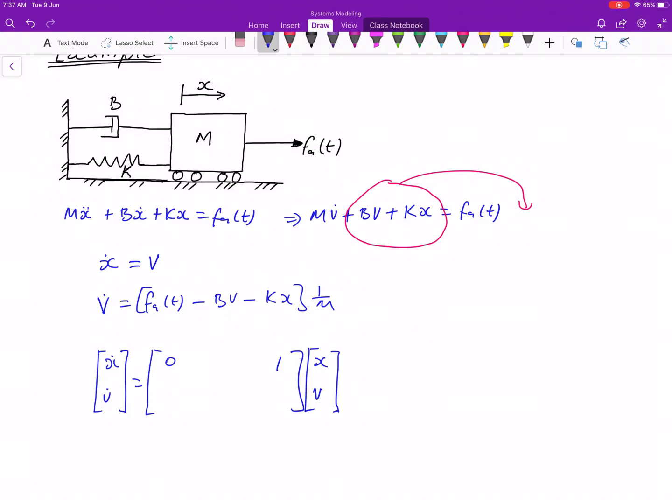And v dot on x we have minus k over m, and on v we have minus b over m. I'm writing this information, okay? And our input is our force, and this is a 0 here and 1 over m.